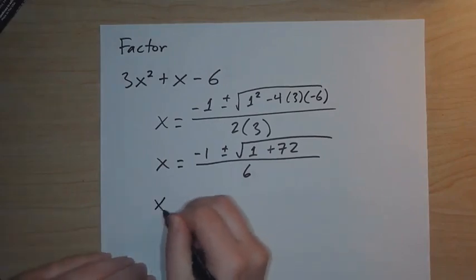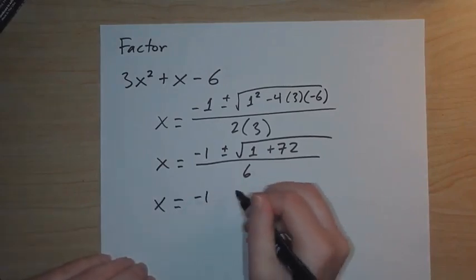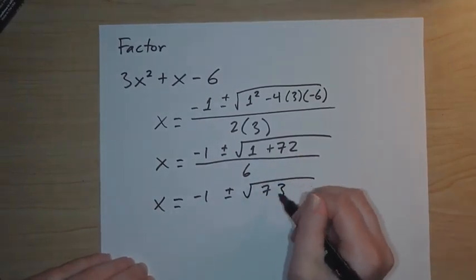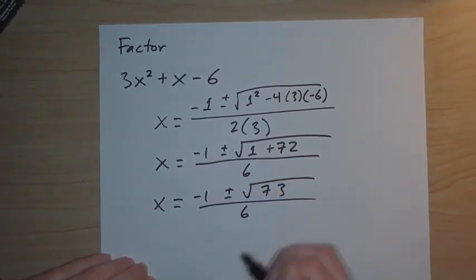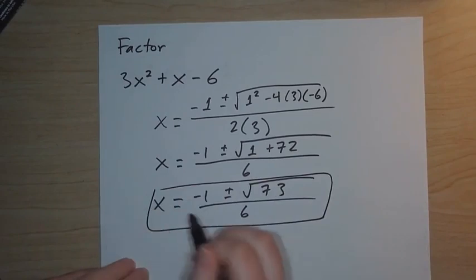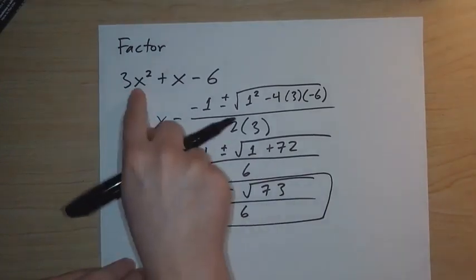So we get the x values of negative 1 plus minus 72 plus 1 is 73, all over 6. So not a nice whole number, but it's a real number. And those are the x values of this polynomial.